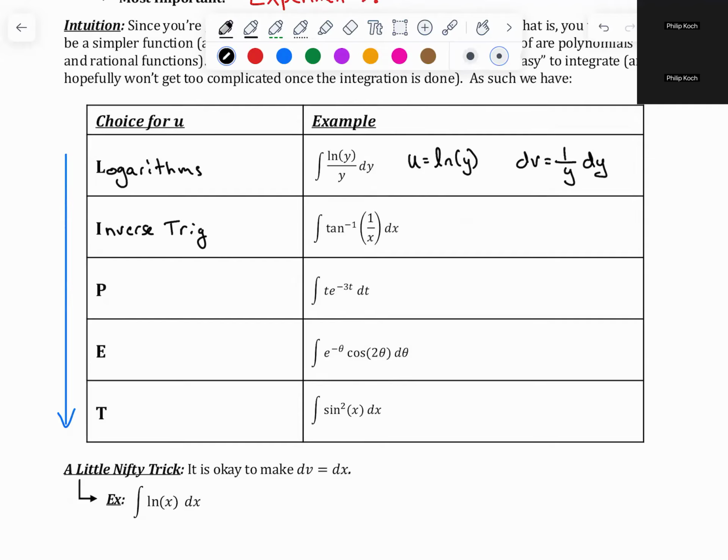It'll do IL, because logarithms and inverse trig are about equal in terms of how good they are. I find that logarithms are nicer, and I prefer to choose logarithms first, but if you have a logarithm and inverse trig in the same problem, it doesn't really matter which one you choose. One of them will be good. So with this one, we'd make u equal to tangent inverse of 1 over x.